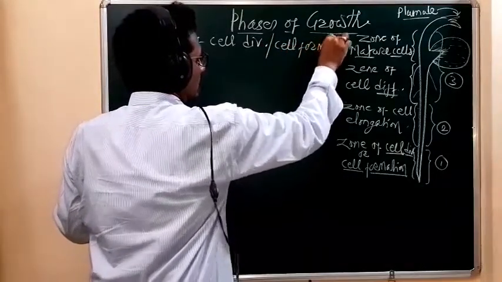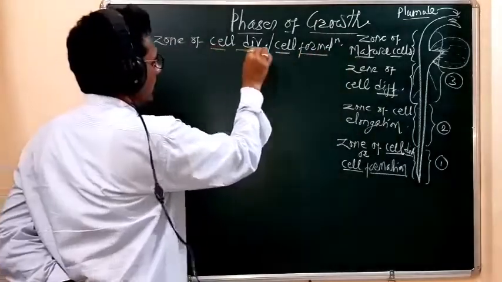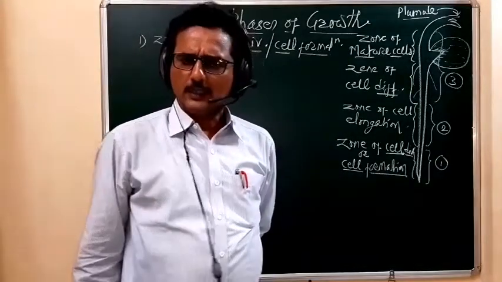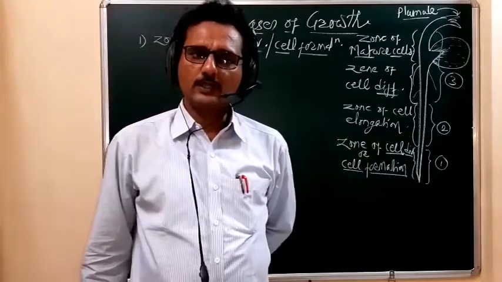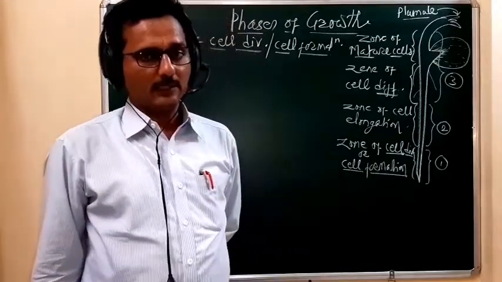Where is the zone of cell division or cell formation reported? It is reported at the meristematic region.